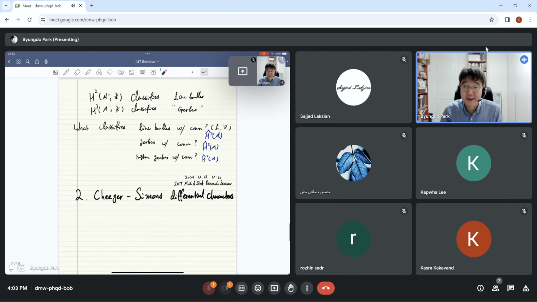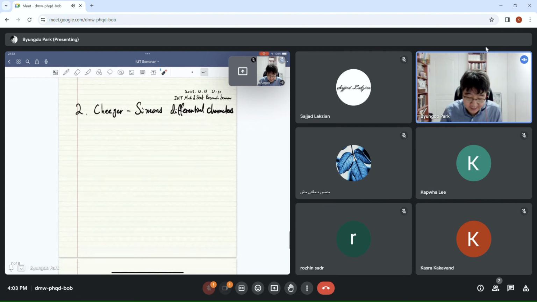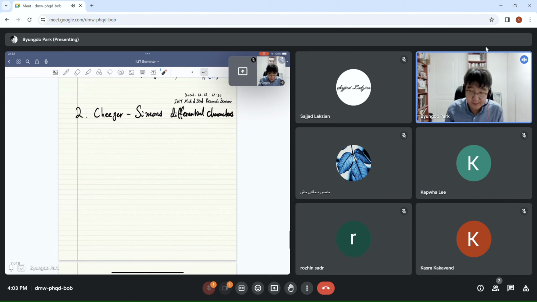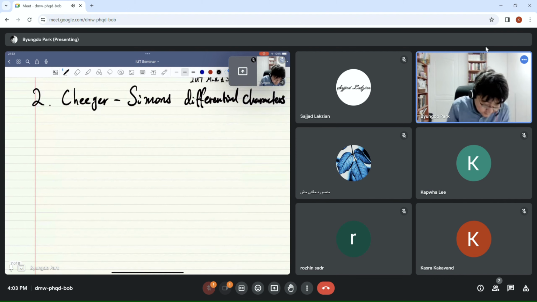So today's topic is to learn about H hat, what H hat is, and how we can understand it by looking at the hexagon diagram of differential cohomology.